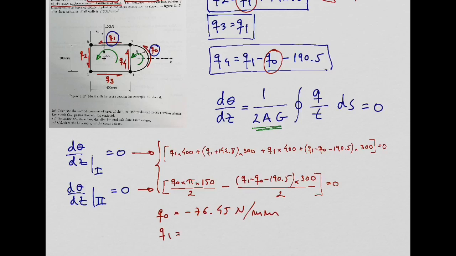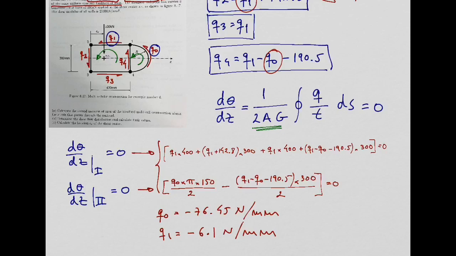And for Q1, the result I have is minus 6.1 Newton per millimeter. Don't forget, shear flow is a force per unit length. So these are the results if you want to check at home.